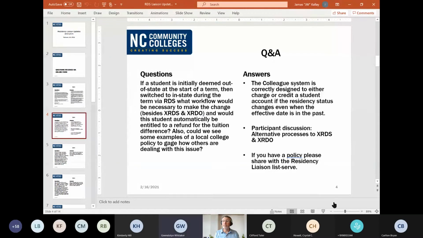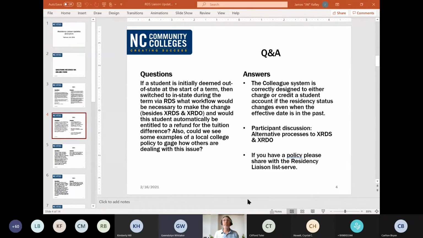JW, this is Gwen at Forsyth Tech. Hey, Gwen. Hi. If the student is going from out to in, there's not really an alternative for that. You have to pull in the information because the rate table has to be updated in order for the student to get their in-state tuition. And it always goes back to the beginning of the semester, regardless of what part of the semester the student goes from out to in.